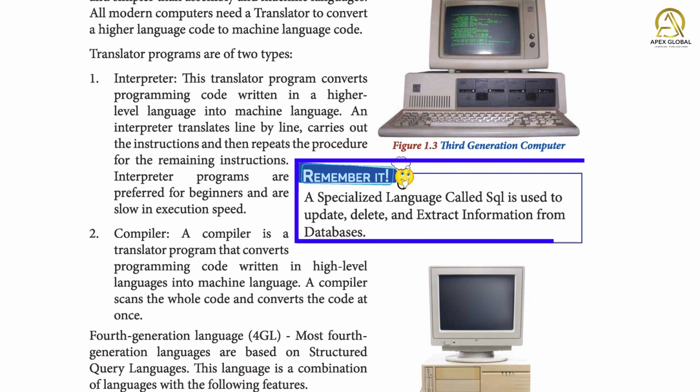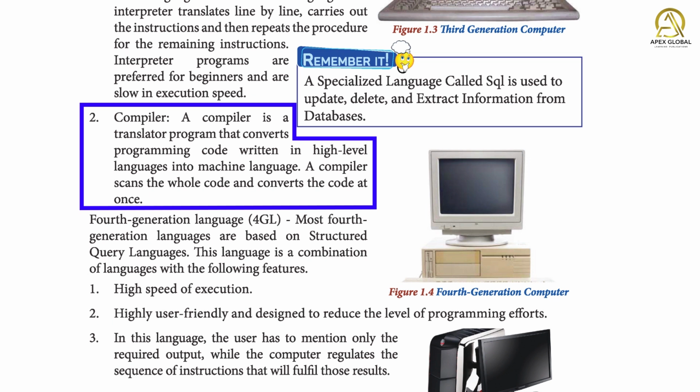Remember it, a specialized language called SQL is used to update, delete and extract information from a database. 2. Compiler. A compiler is a translator program that converts programming code written in a high-level language into machine language. A compiler scans the whole code and converts the code at once.